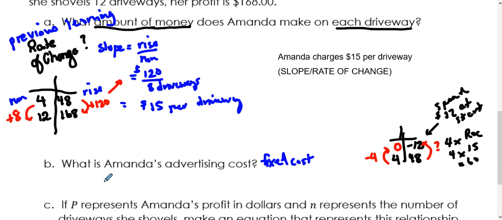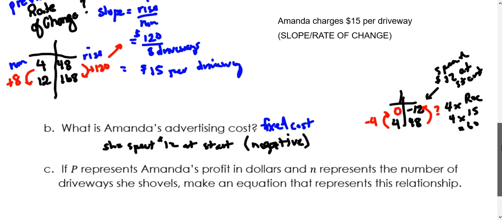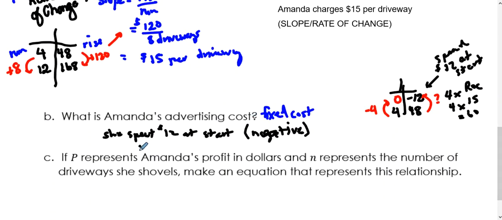Okay. She spent $12 at the start. And this is actually a negative number because we've spent it. Okay. So this is money that's going out. All right, it's not money that's coming in. Profit is money that comes in, or the total money.